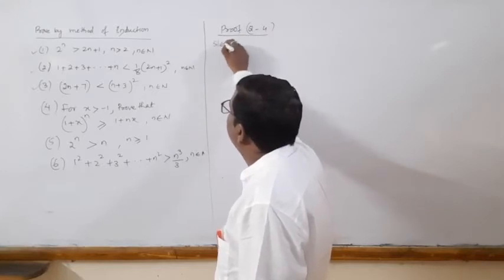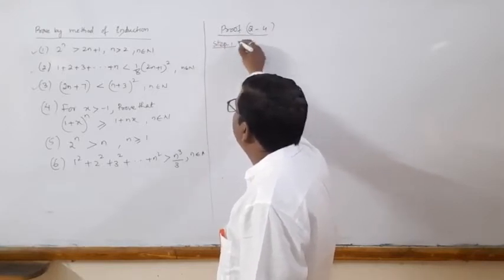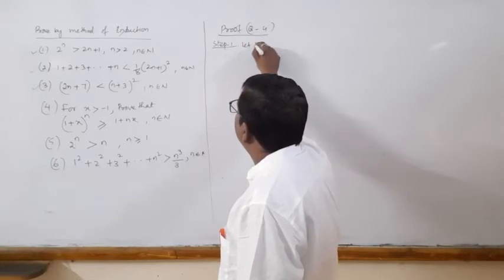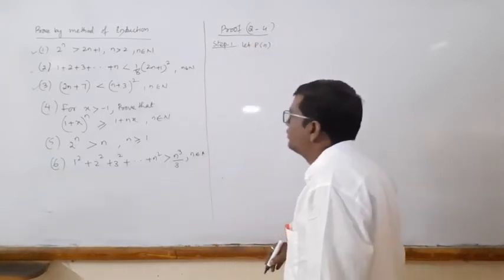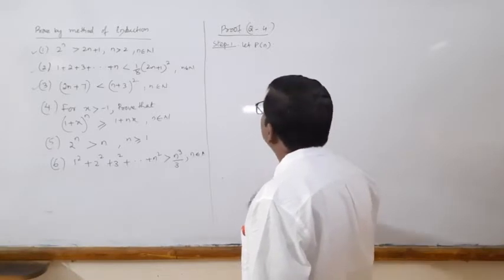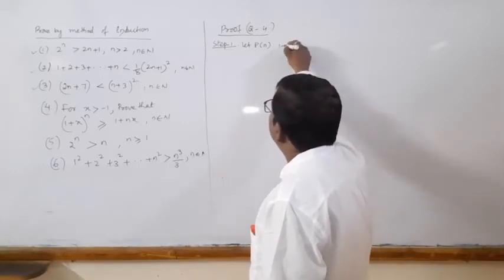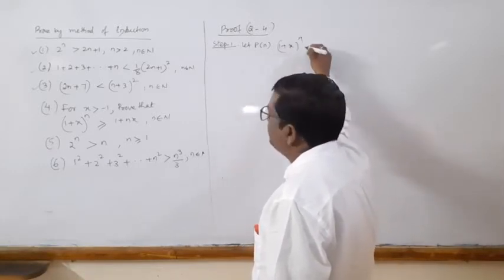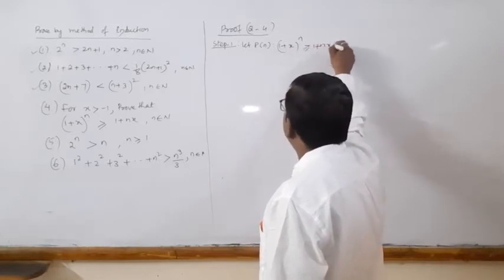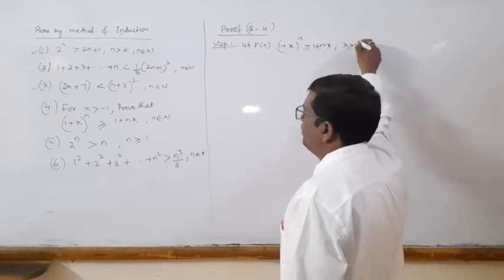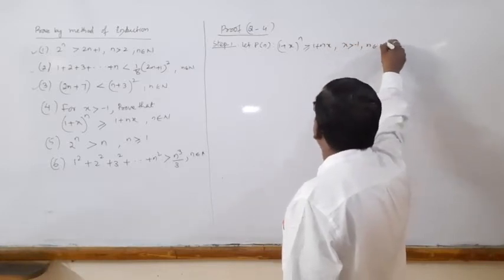Step 1: let P of n be such that (1 plus x) to the power n is greater than or equal to 1 plus nx, x greater than minus 1, n belongs to N.